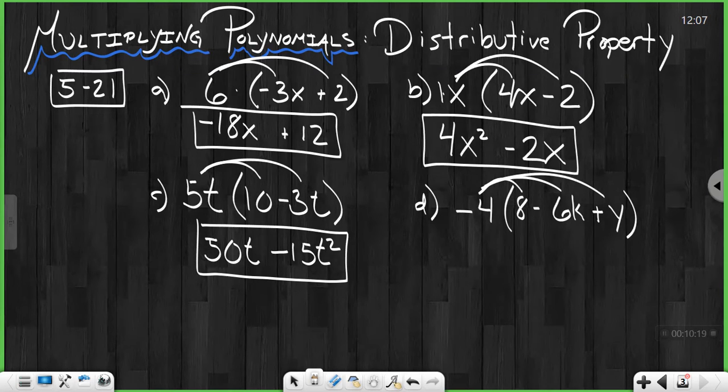A trinomial has 3 terms, so it's 3 different problems. Numbers times numbers, variables times variables. Negative 4 times 8 is negative 32. Negative 4 times negative 6 is positive 24. The k didn't have any k's multiplied by it, so it just stays k. And then negative 4 times positive y is going to give me a negative 4y.